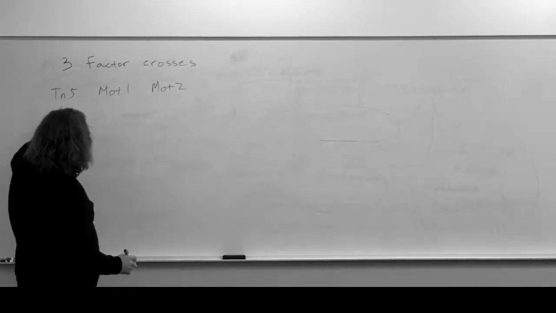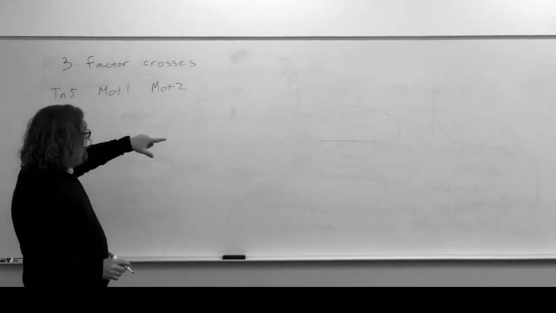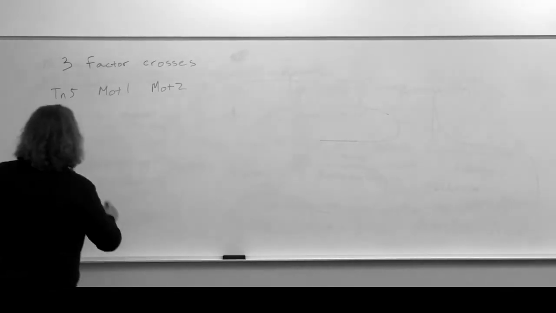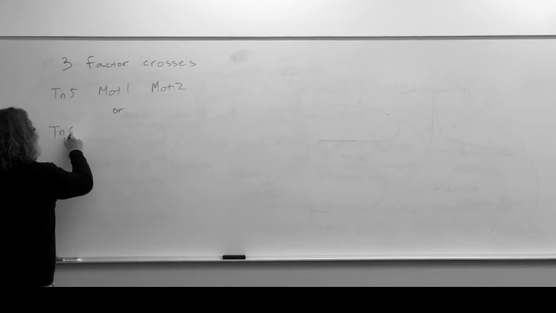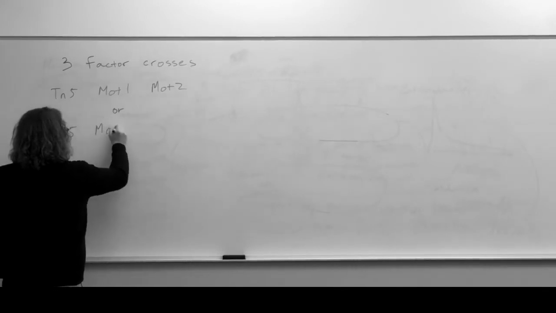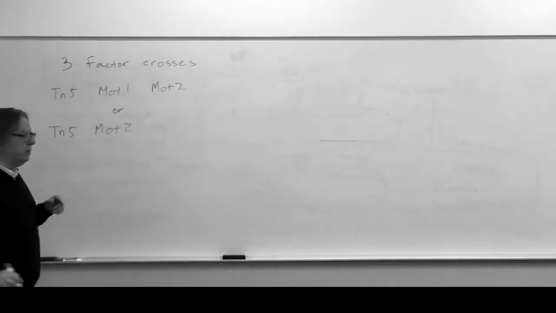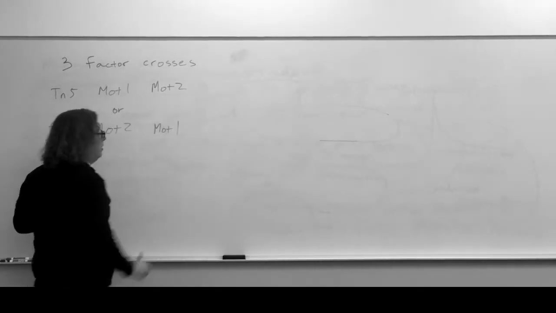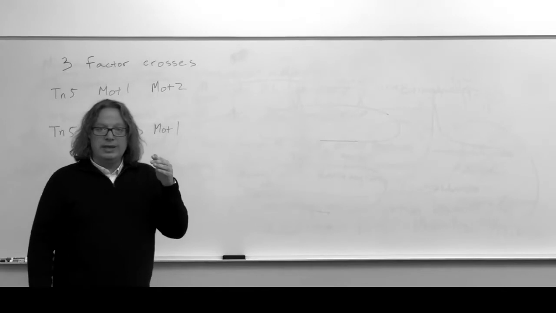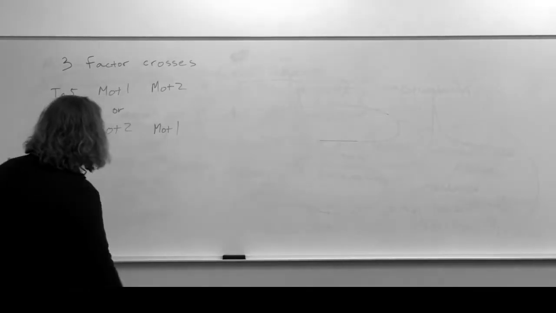So it could be Tn5 mod 1, mod 2, or it could be Tn5 mod 2, mod 1. So how do we determine the order here?